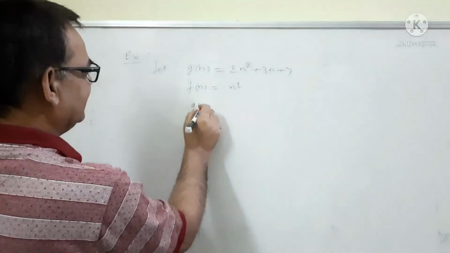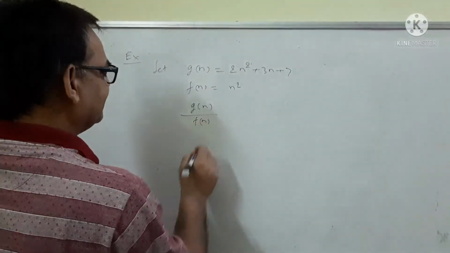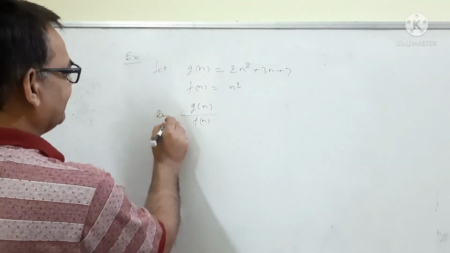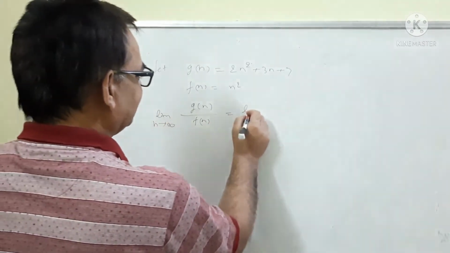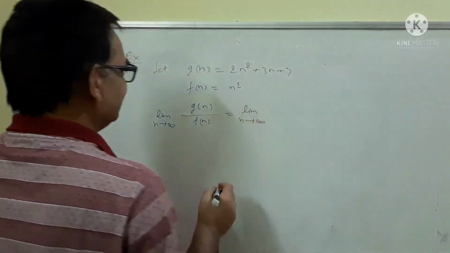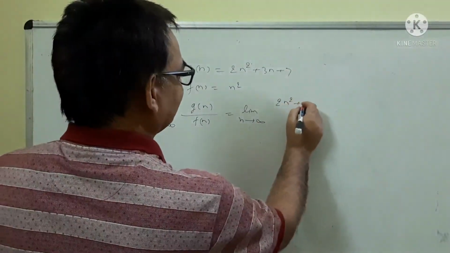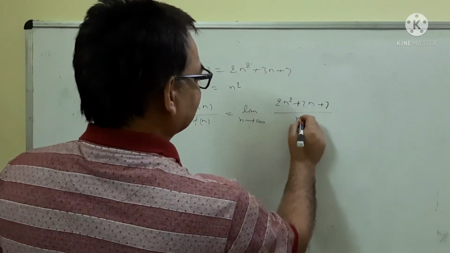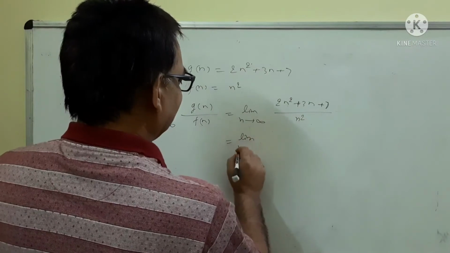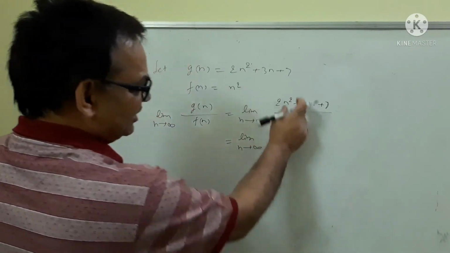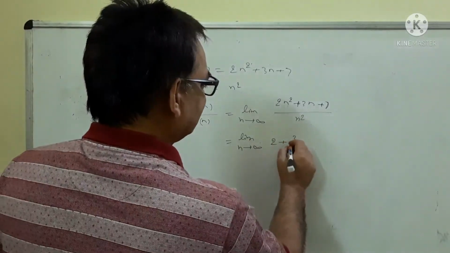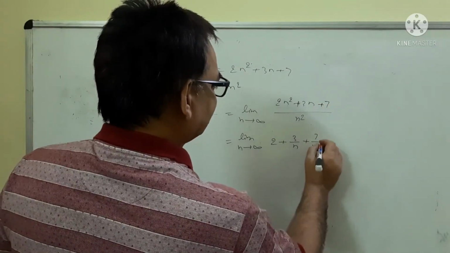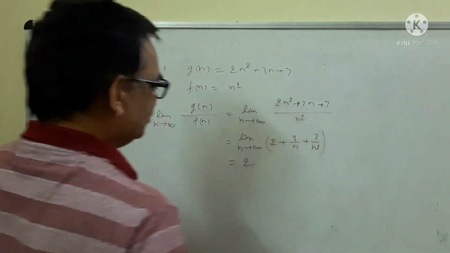So now g(n) upon f(n), limit n tends to infinity, is equal to limit n tends to infinity 2n square plus 3n plus 7 divided by n square, which is limit n tends to infinity 2 plus 3 upon n plus 7 upon n square, and this is equal to 2.